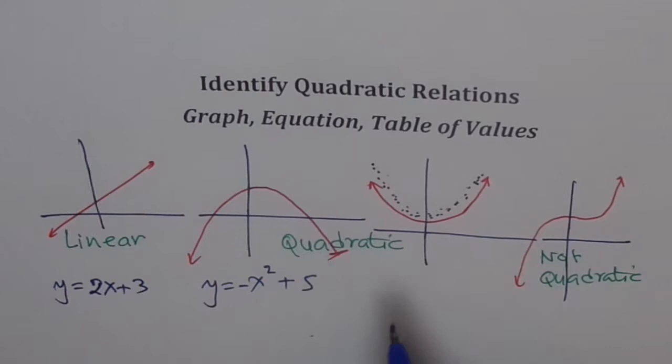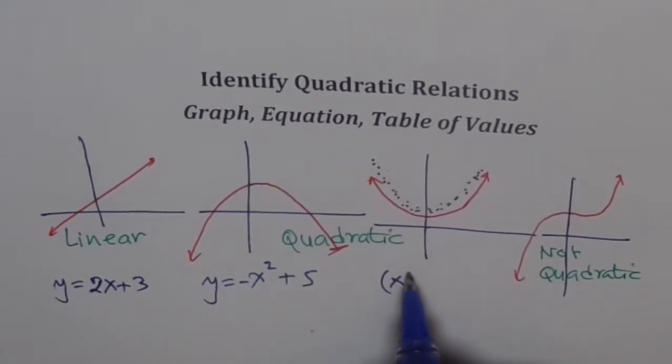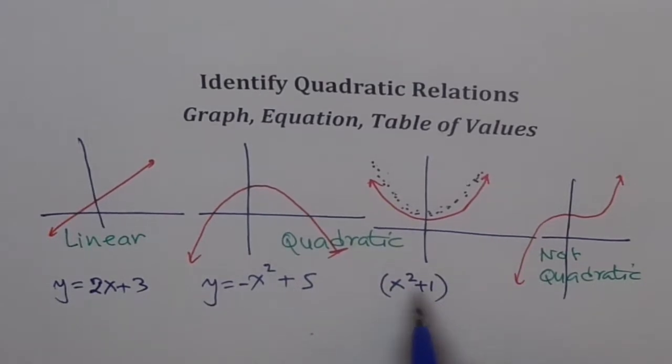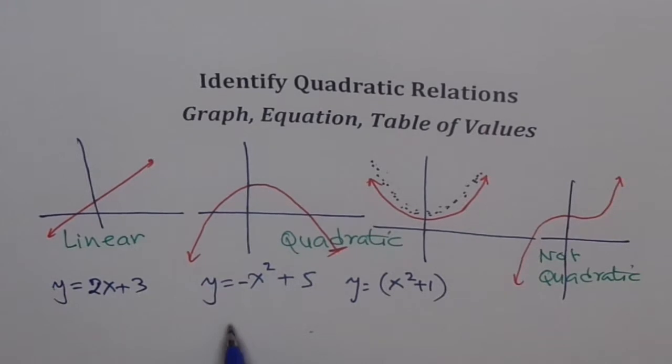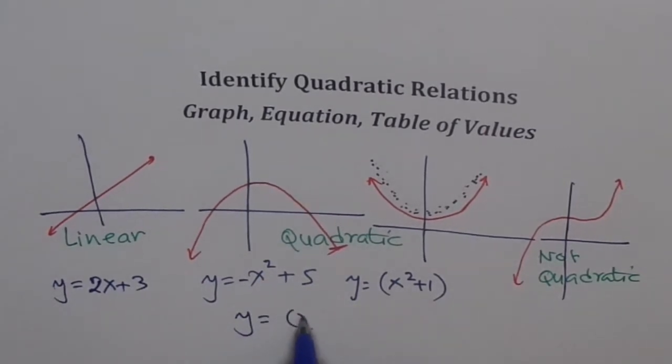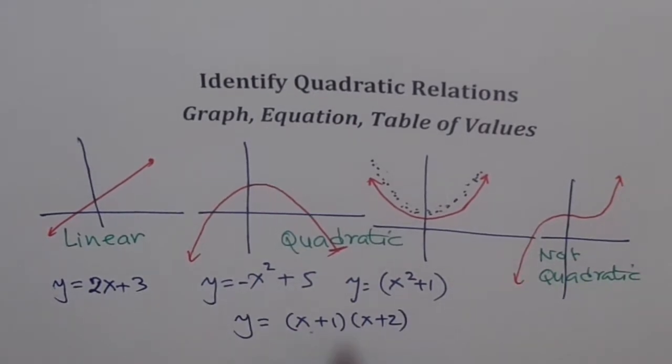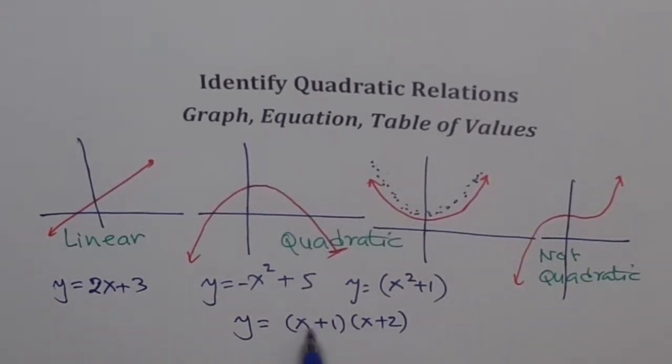We could at times write in this fashion also, y equals x squared plus 1. Or even a quadratic relation equation could be x plus 1 times x plus 2 or something like that. So when you multiply two linear factors, you do get a degree 2 factor, which represents a quadratic function.